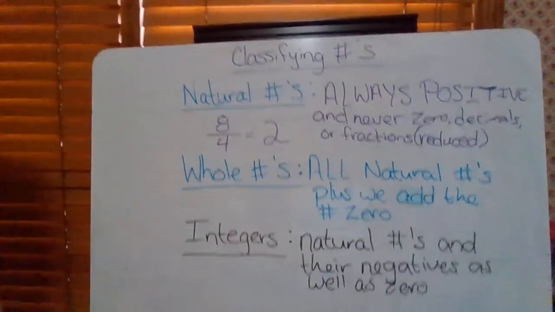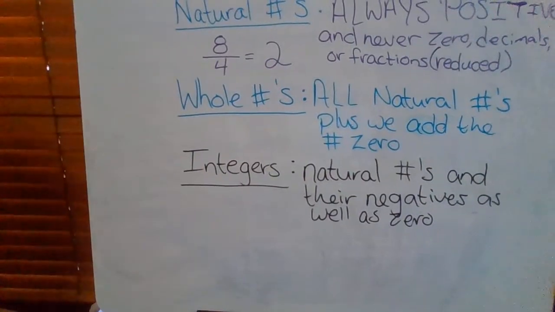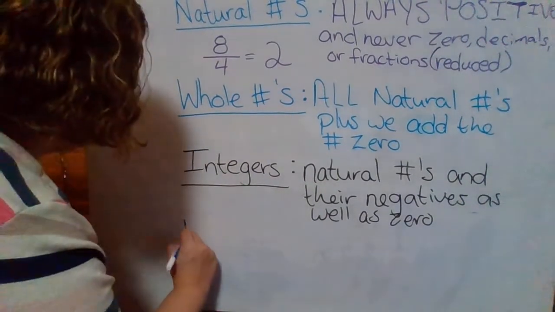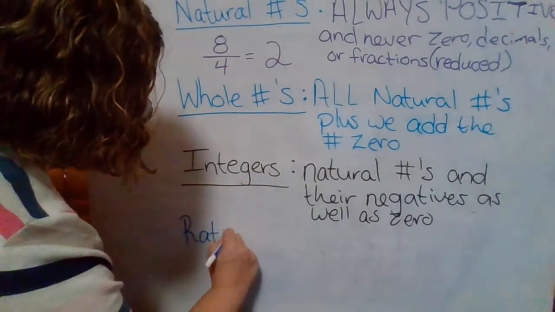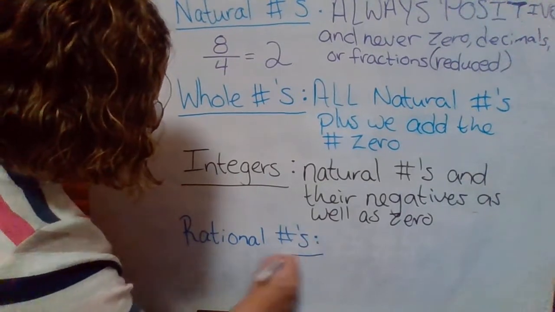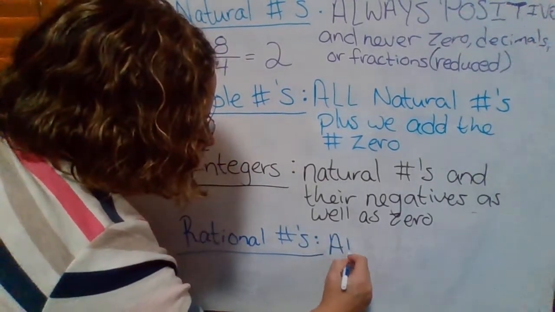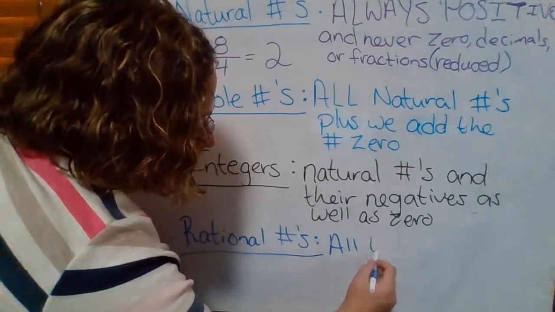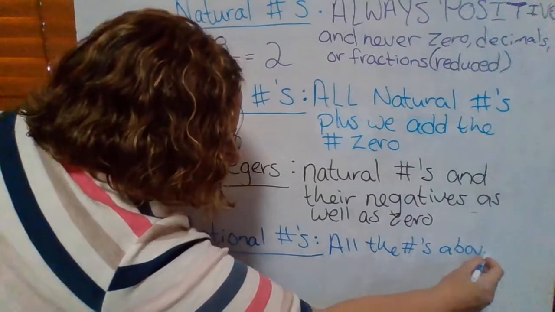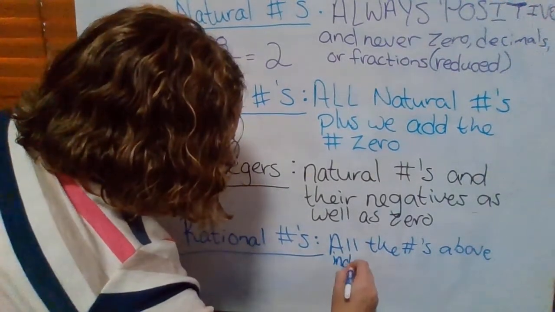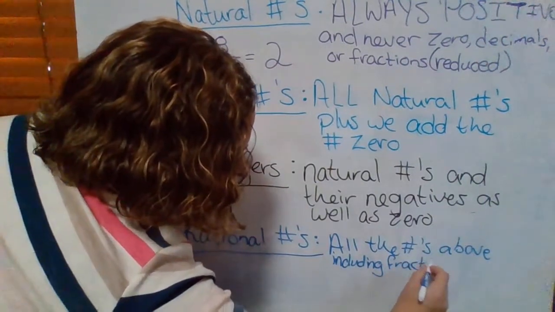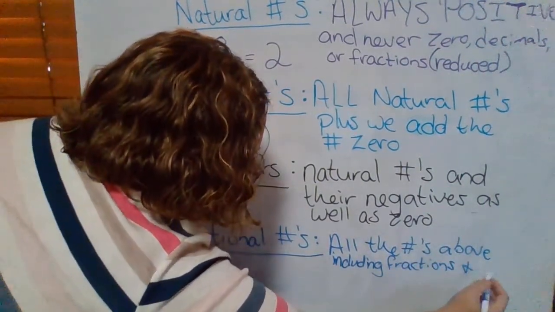All right? And then our last set is our rational numbers. These are all the numbers above, including fractions and decimals.